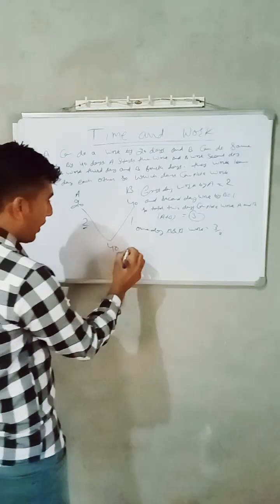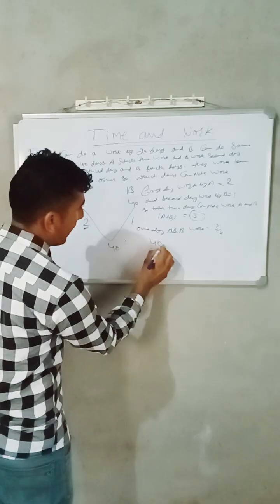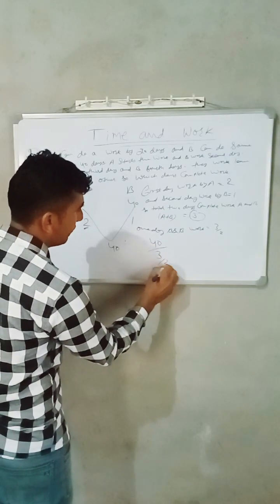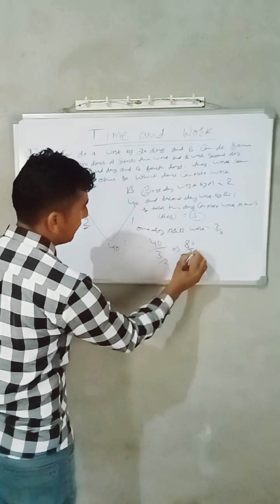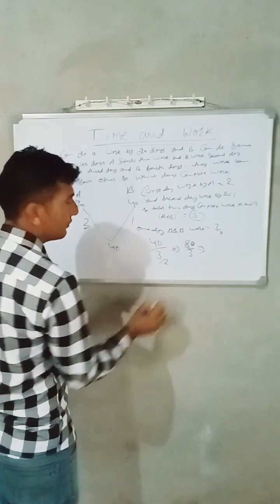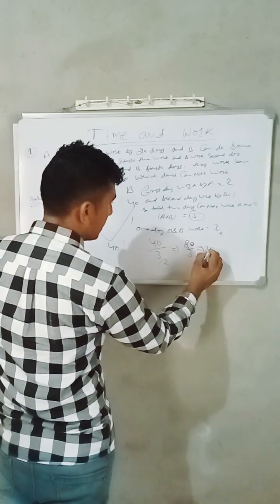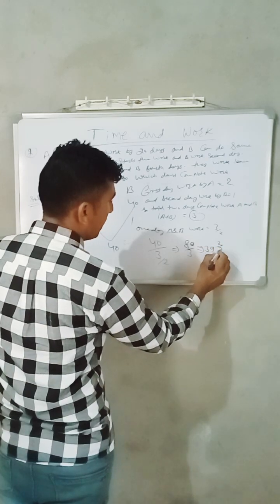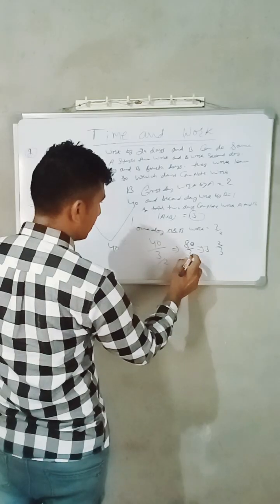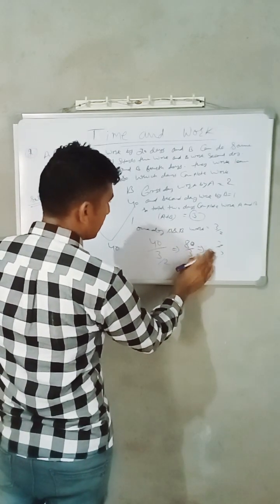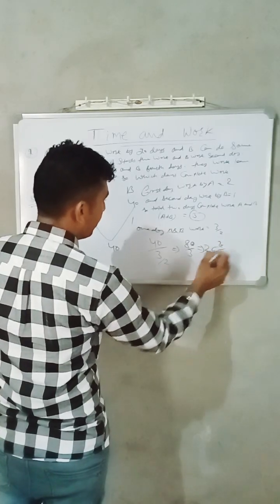So 40 divided by 3 by 2 is 80 by 3, which is about 26 days and 2 by 3.